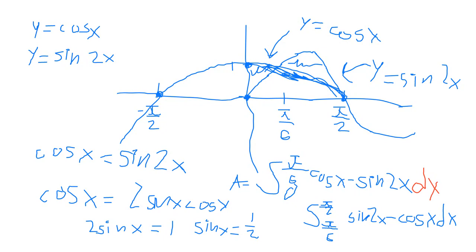The antiderivative of the first one is sine of x plus half cosine of 2x, and we're evaluating this at pi over 6 and 0.